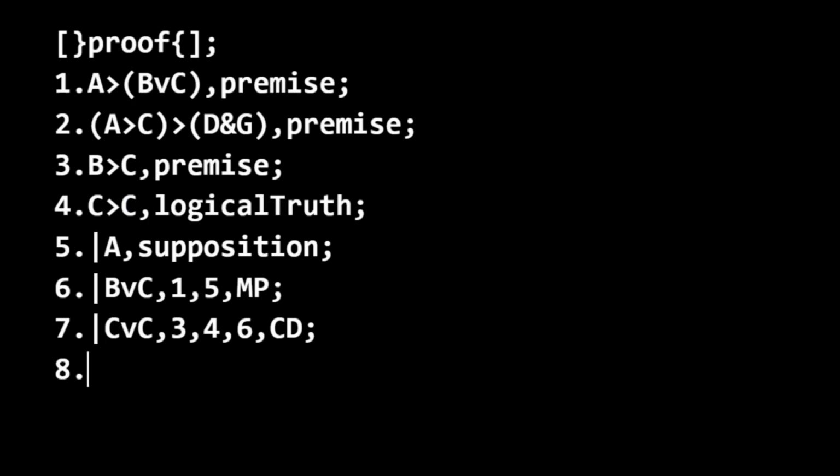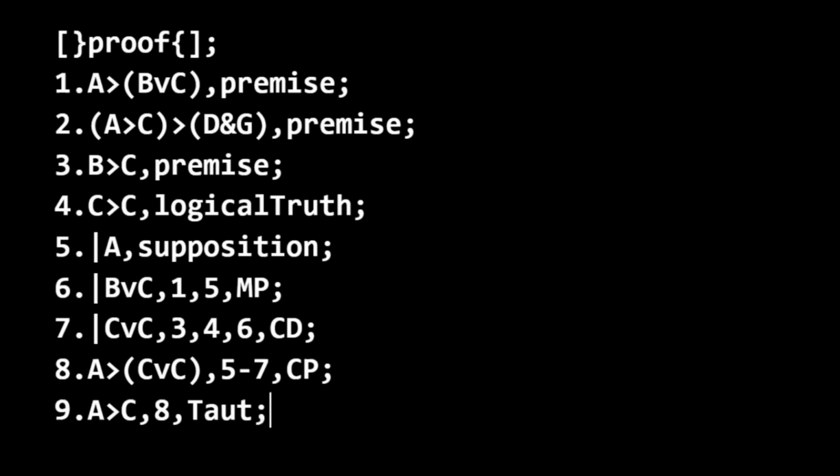And then we can say that A only if C or C from lines 5 through 7 by conditional proof. And then we can simplify this to A only if C by tautology of disjunction.